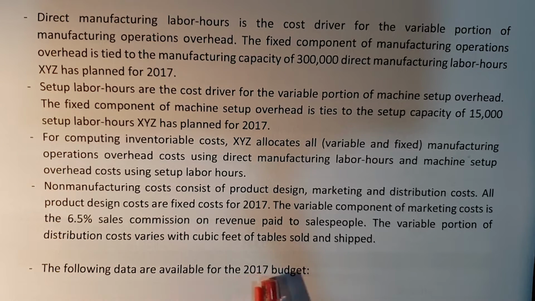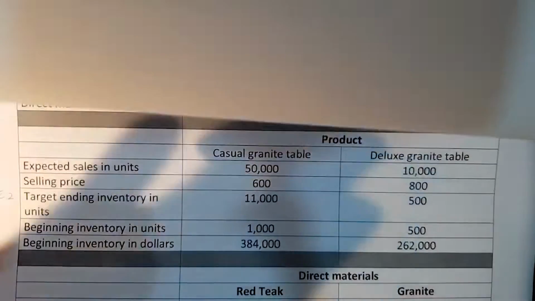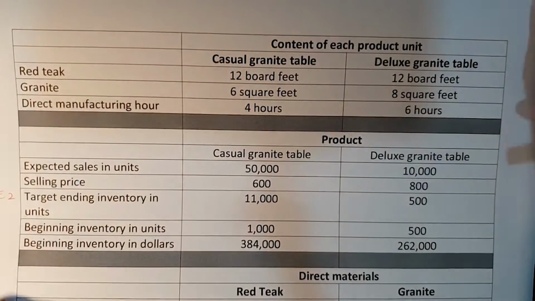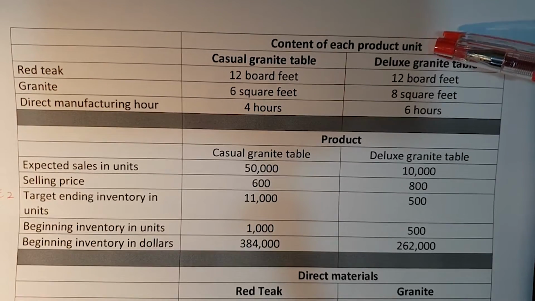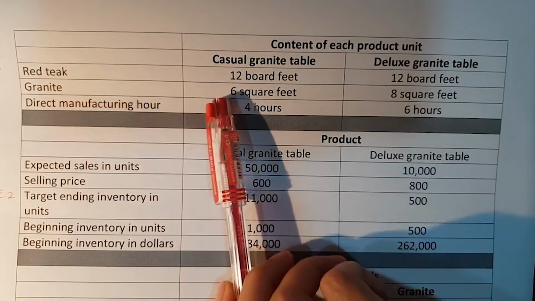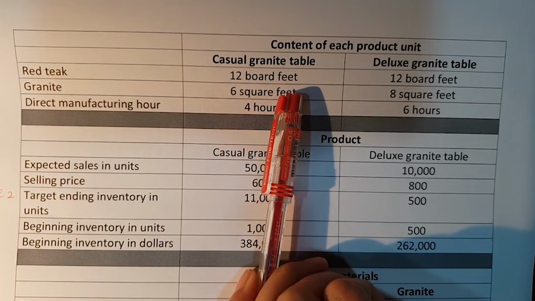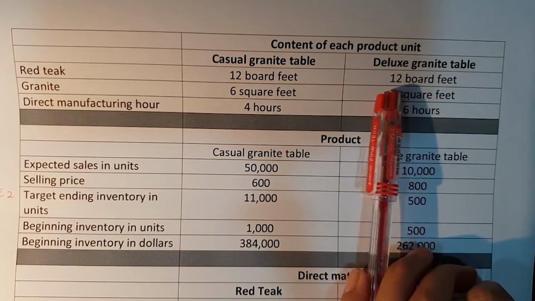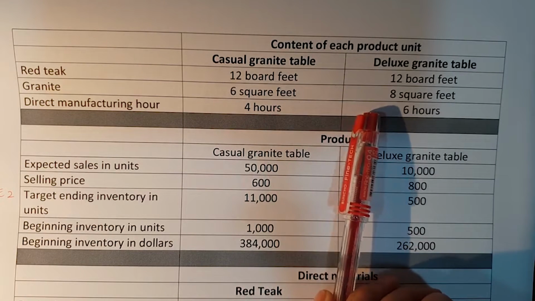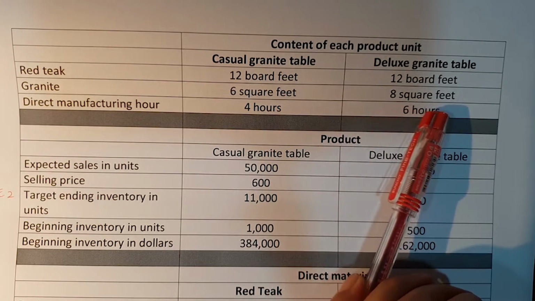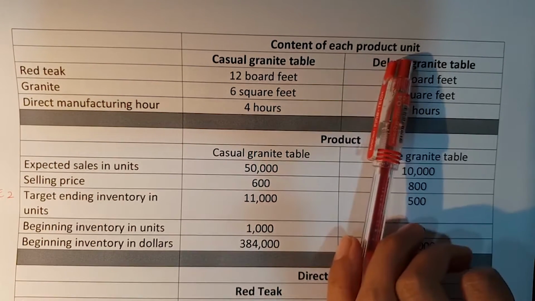The following data are available for the 2017 budget. Here is the information on the content of each product unit. Red teak is 12 board feet for the casual granite table, and for the deluxe they also use 12 board feet. For granite, about 6 square feet for casual, and for deluxe 8 square feet. Direct manufacturing labor is 4 hours for casual and 6 hours for deluxe.